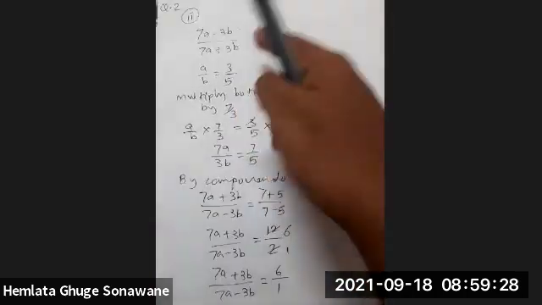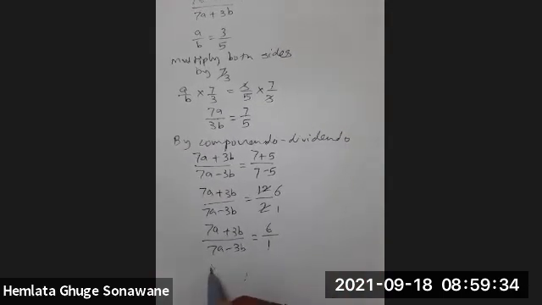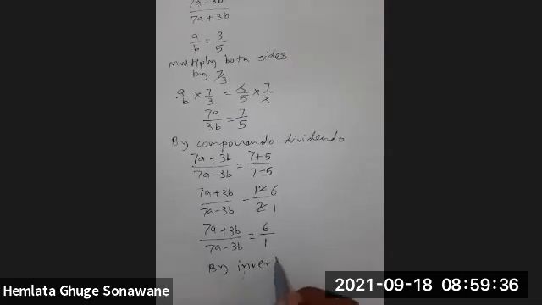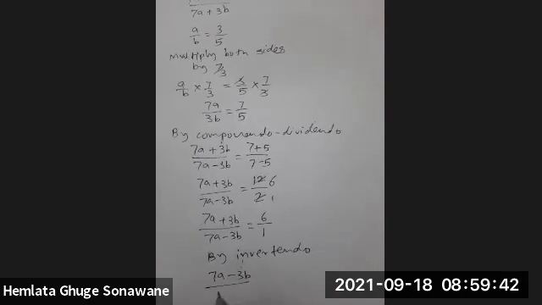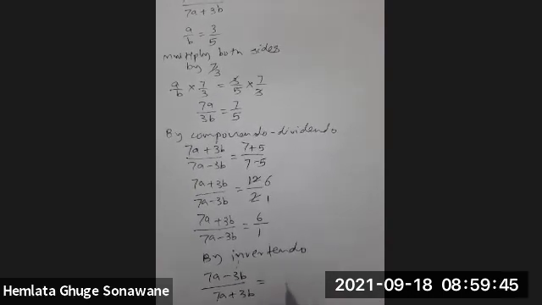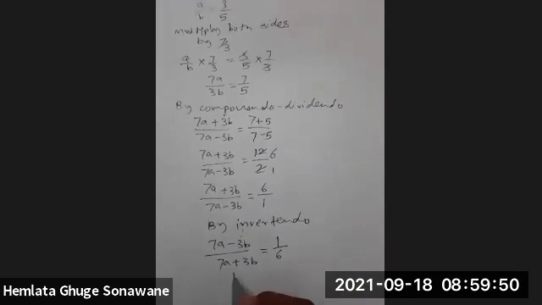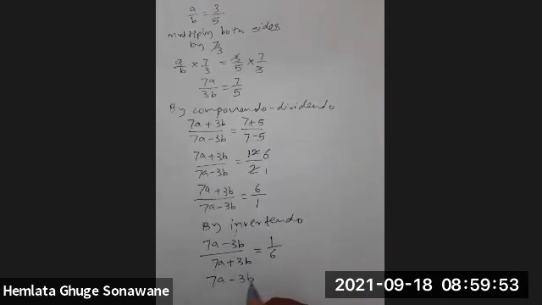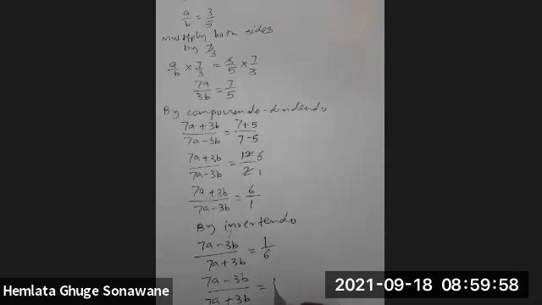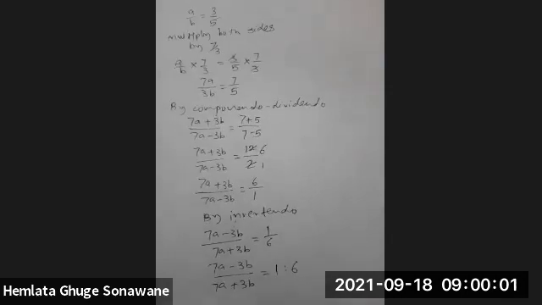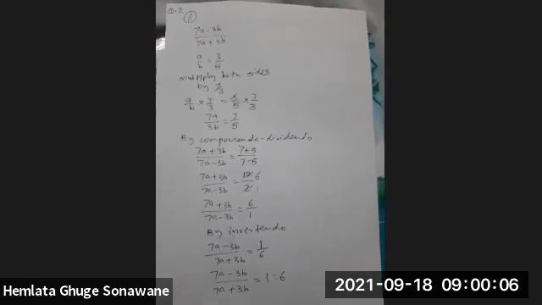Okay, this ratio we have to find out. So what we'll do, we'll apply property of invertendo. So by invertendo, 7a minus 3b upon 7a plus 3b is equal to 1 upon 6. So we have got the ratio of 7a minus 3b upon 7a plus 3b as 1 is to 6. Just go through this.